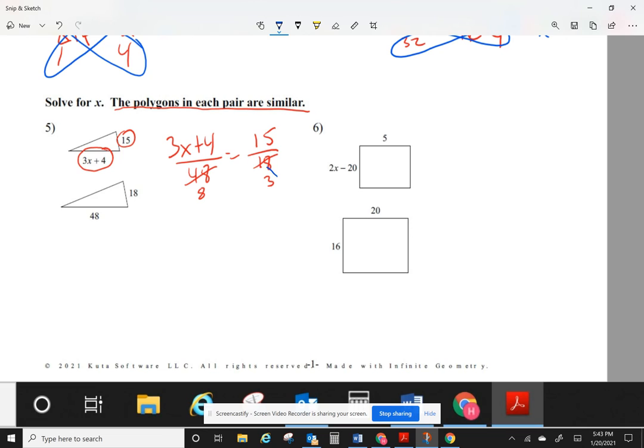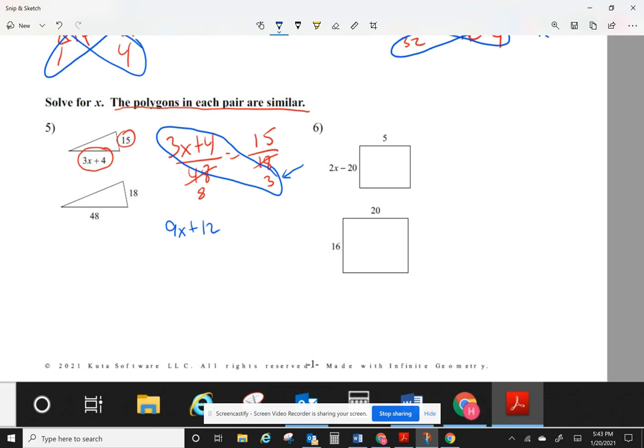So let's take a look. When I cross multiply this way, because there's a plus sign in one of them, right? 3x plus 4. The number that is by itself, in this case the 3, make sure you multiply to both. So 3 times 3x and 3 times 4. So 3 times 3x gives me 9x plus 12.